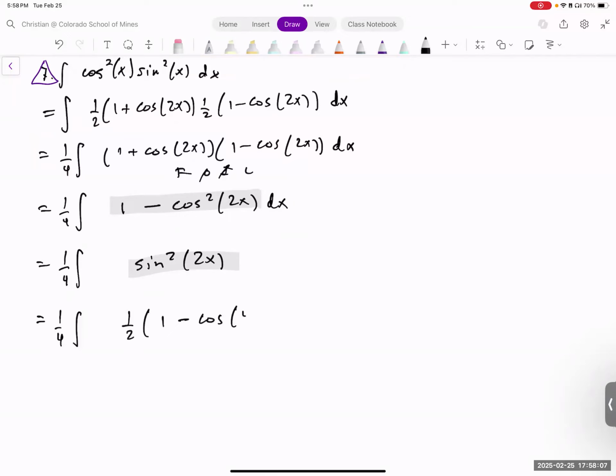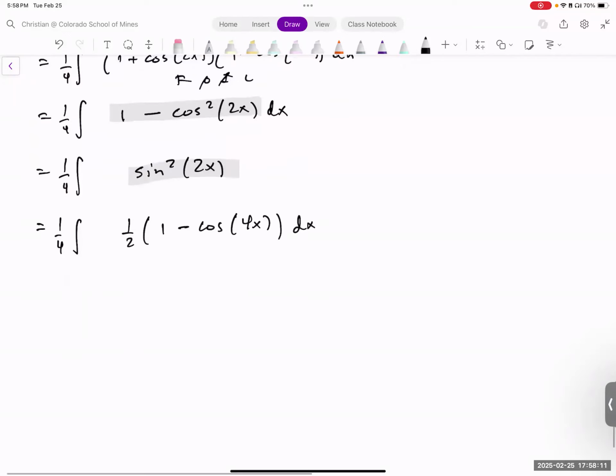It would be 4x this time. Let's combine the half and the 4th, that gives us an 1/8 outside. 1 minus cosine of 4x. And now dx. And now we can anti-differentiate each piece.